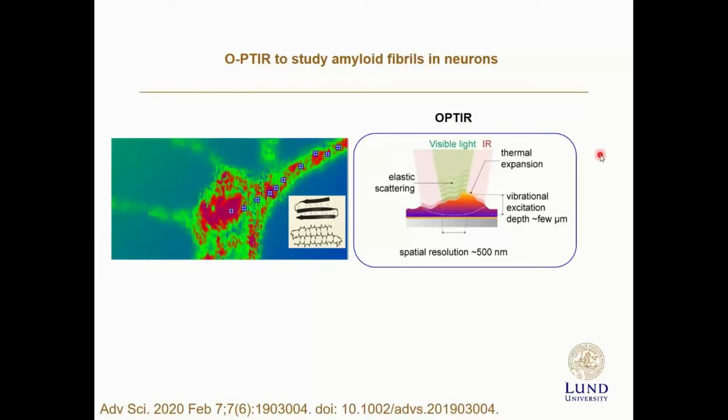So in this image, you can see the location of the spectra that was used to detect amyloid-beta proteins that are already misfolded in primary neurons.